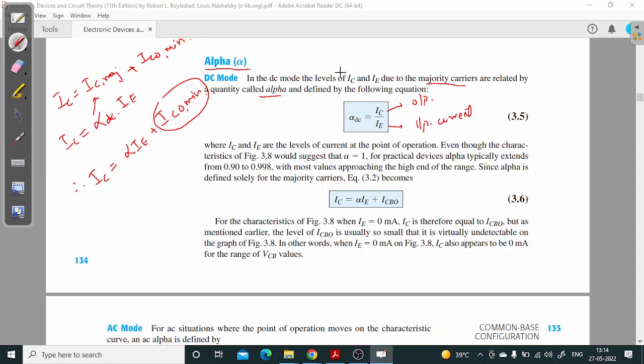You will see that the definition of alpha, simply IC by IE, will be used in all the numericals, and ICO would be 0 unless otherwise stated. By default we will assume that ICO is 0.